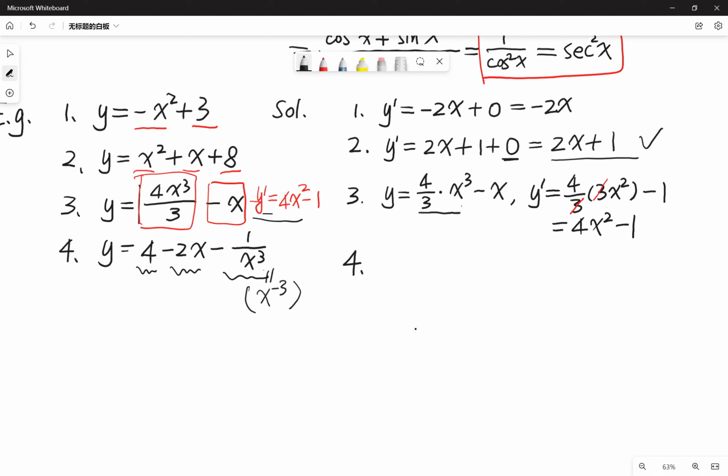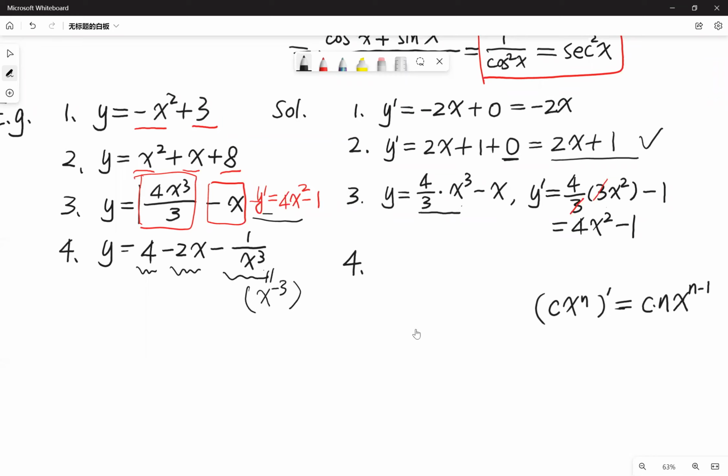Do you remember the derivative of c x^n equals c n x^(n-1)?